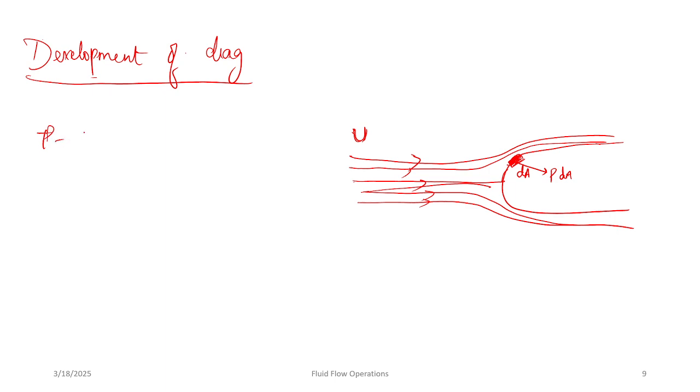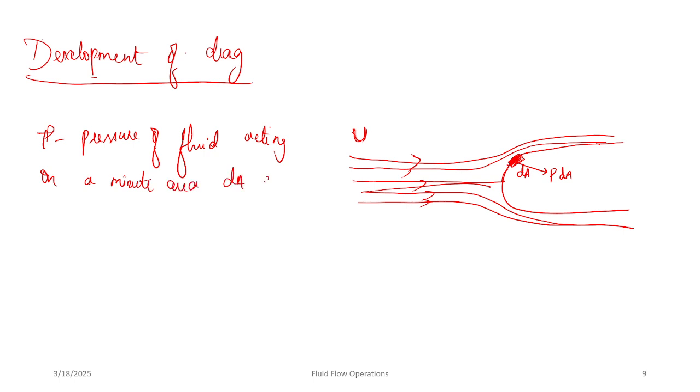Here P is the pressure of fluid acting on the minute area dA on the body.